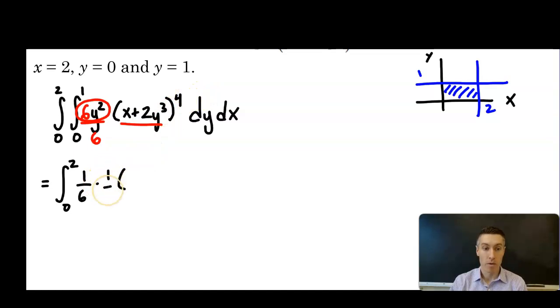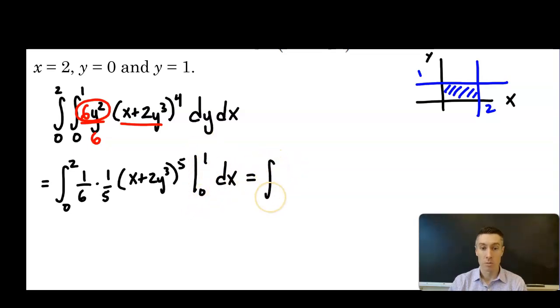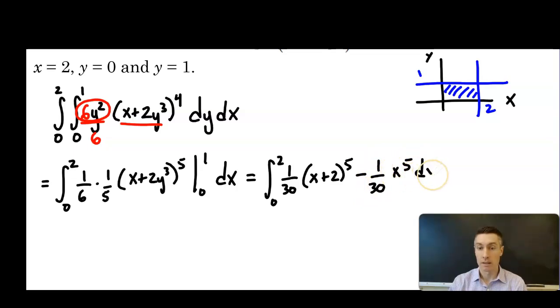So I'll multiply by 1/5. (x plus 2y to the third) to the fifth. Evaluate that from 0 to 1 dx. Those bounds are the y bounds. So plugging in our y's, we get 1 over 30 (x plus 2) to the fifth minus 1 over 30 x to the fifth dx.